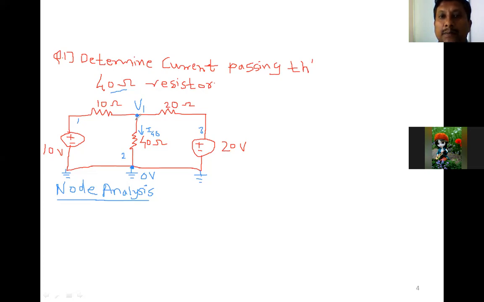Second thing, if current direction and values are given in the circuit, then take as it is. If not given, you can mark as outgoing. And next, third step is when you are writing the equation, the incoming current should be negative and the outgoing current should be positive. And after that, you can get the unknown. So that is the procedure of KCL.